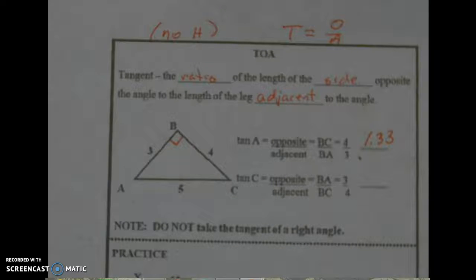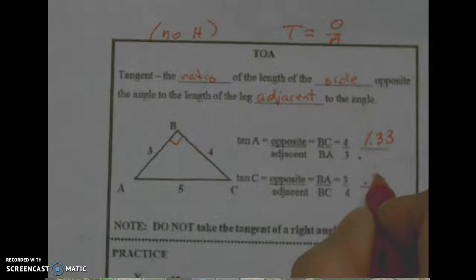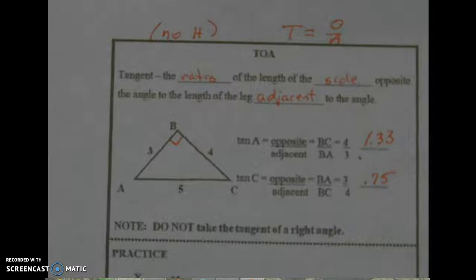I can have an improper fraction or a decimal bigger than 1. If I want the tangent of angle C, I want my opposite side, BA, over my adjacent side, BC, which gives me a fraction of 3/4, or a decimal of 0.75. And again, I can't take the tangent of the right angle B.